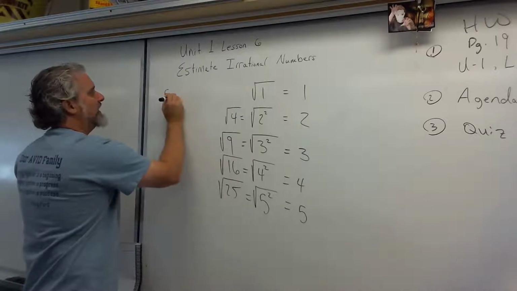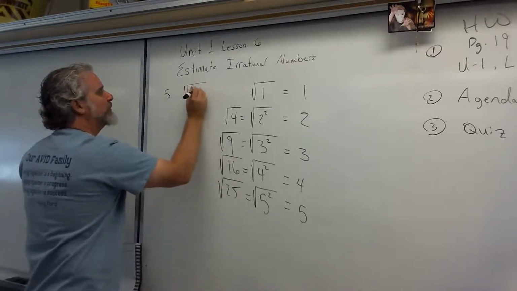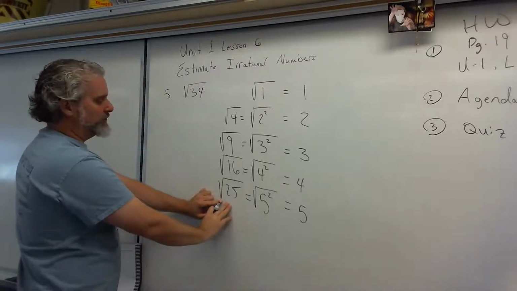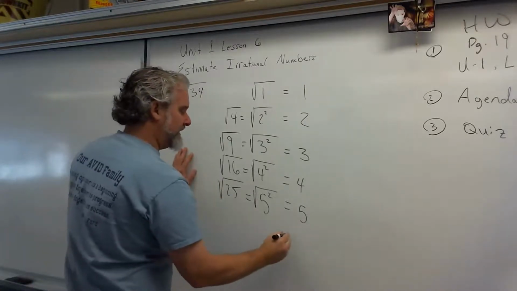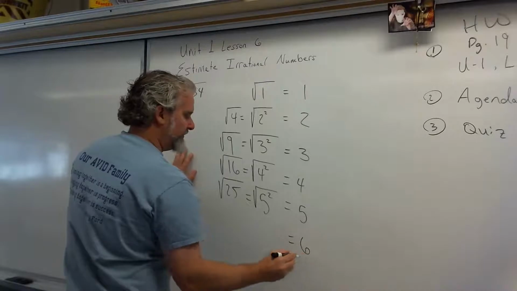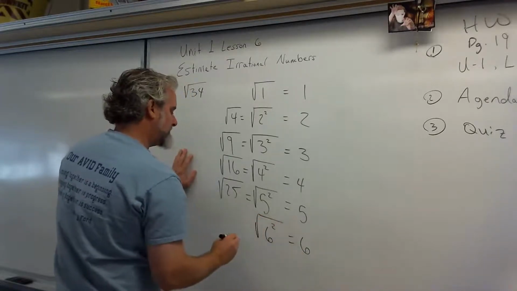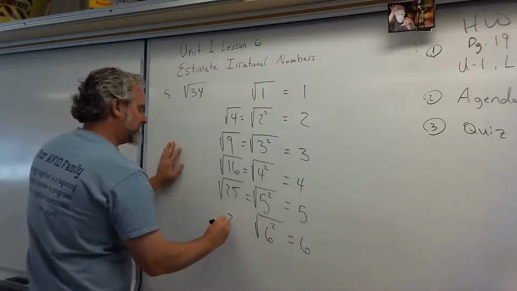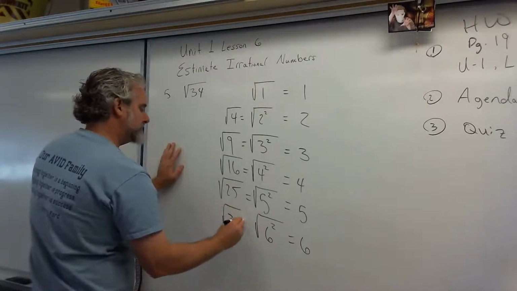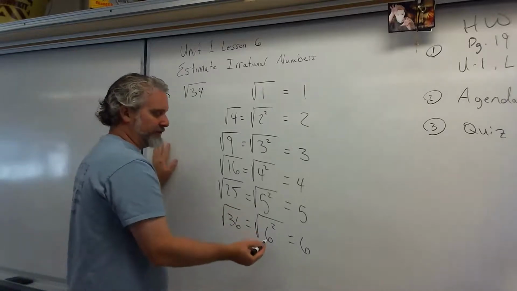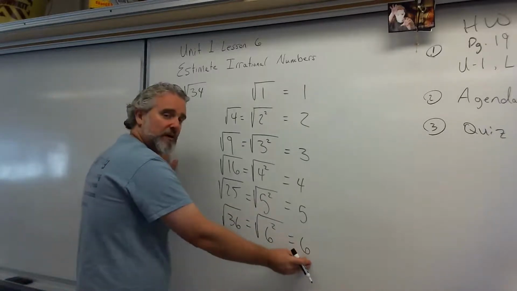Problem number 5 asks for what's the square root of 34. Well, keep on going. We left off at square root of 25 was 5. So now let's go to the next one larger. 6. 6 squared is 36. So square root of 36, which is also the square root of 6 squared, gives you 6 by itself.